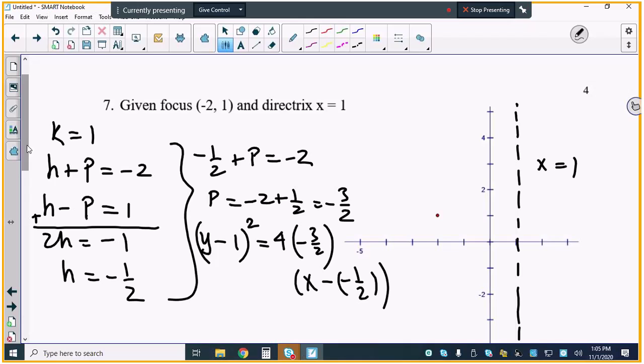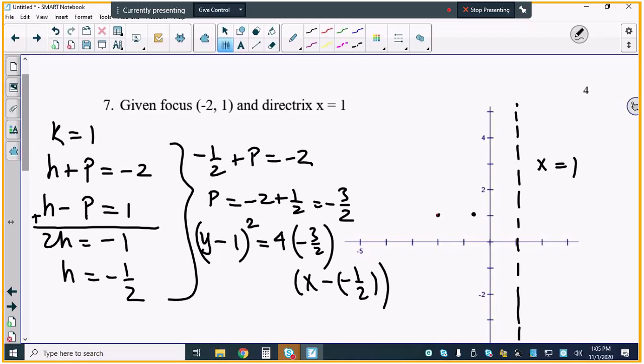So as you can see, the vertex is at (-1/2, 1). I'm so sorry. The y is 1 and h is equal to -1/2.